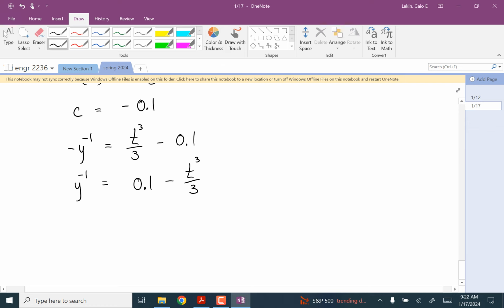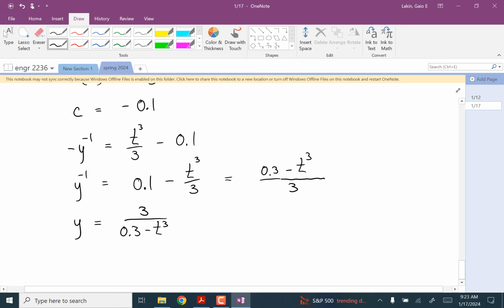And now take the reciprocal of both sides. y is equal to, so I'm going to rewrite this as 0.3 over 3 minus t cubed, like that. And so y is equal to 3 over 0.3 minus t cubed.